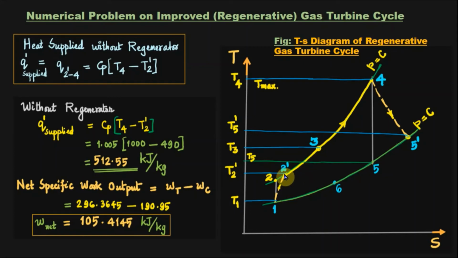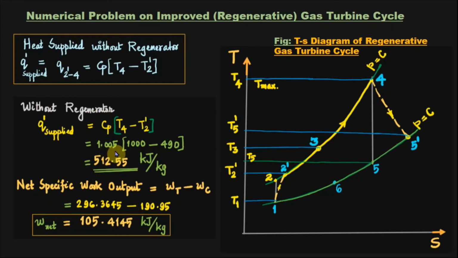So in the absence of regenerator, the heat supplied will be Cp of gas into T4 minus T2 dash, because heat has to be supplied all the way from 2 dash to 4 in the absence of regenerator. So Cp into T4 minus T2 dash, that is the heat to be supplied per unit mass of gas in the absence of regenerator.